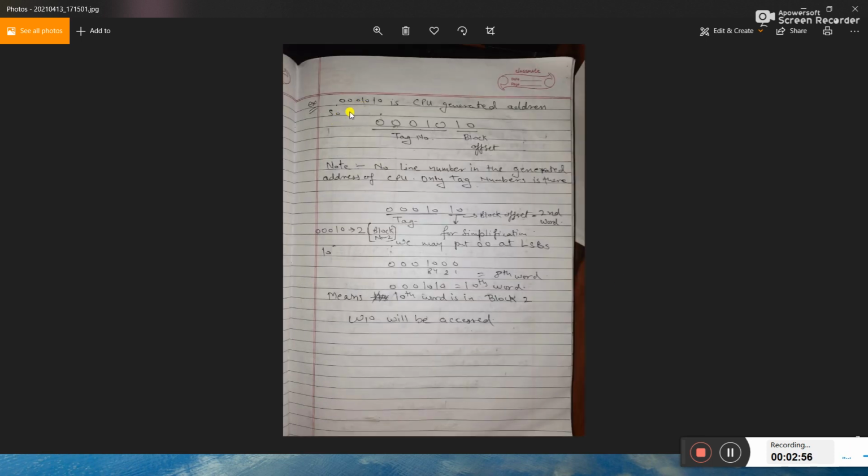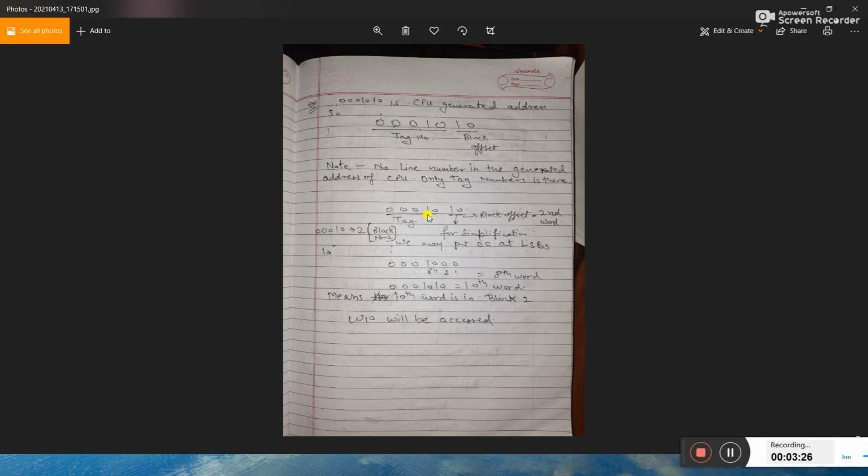Now you see here 0001010 is the CPU generated address, 00010 is my tag number, and 10 is my block offset. No line number is in the CPU generated address, only the tag number is there. So the tag is 00010 and 10 is my word number, right?